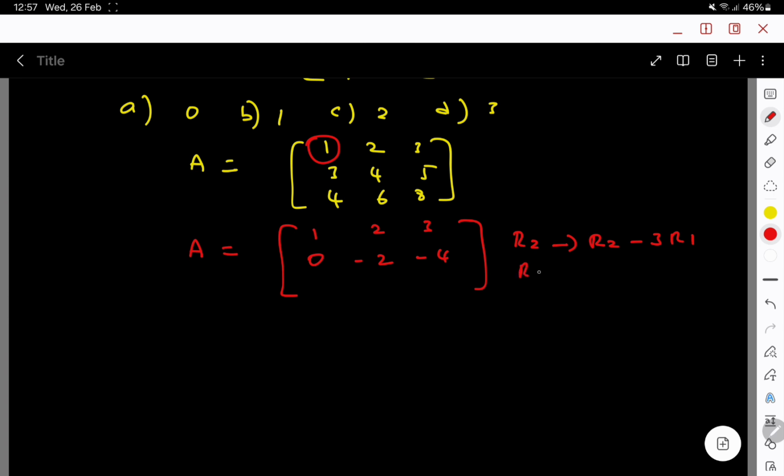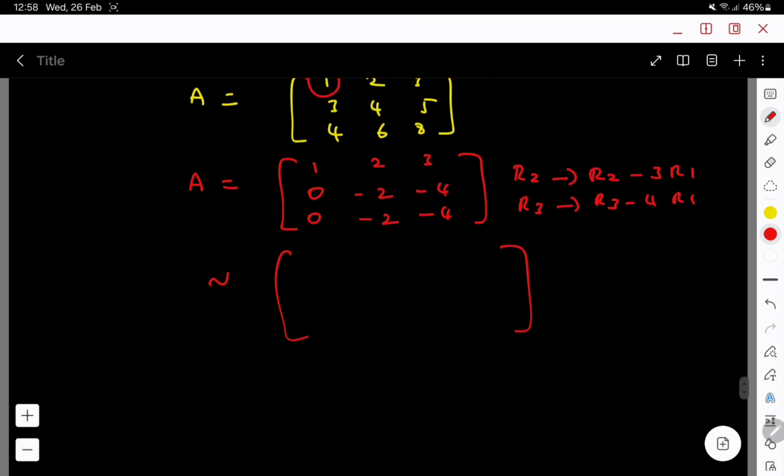And R3 implies R3 minus 4R1: multiply 1 by 4 and subtract from 4, so 4 minus 4 is 0. 4 twos are 8, 6 minus 8 is minus 2. 4 threes are 12, 8 minus 12 is minus 4. Our aim is to change 3 and 4 into 0 by elementary row operations. These are equivalent matrices.